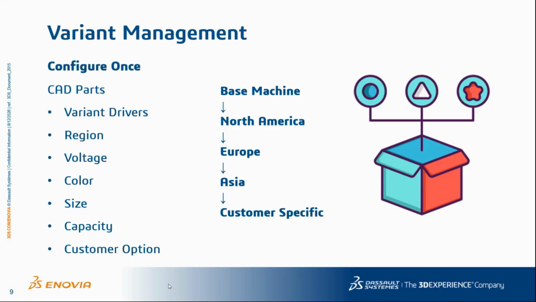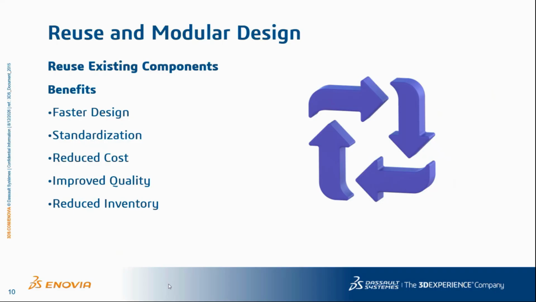The variants can be created based on voltage, color, size, capacity. If there are specific customer requirements and the customer is looking for a particular option to be enabled, that is the customer option. So by using product architect, you can create your variant as well, which will come under your variant management options.